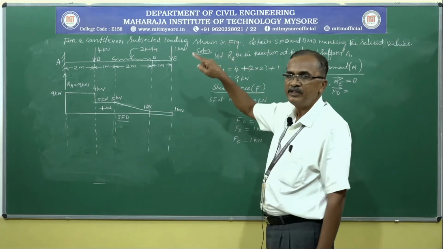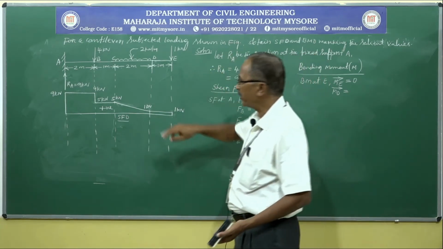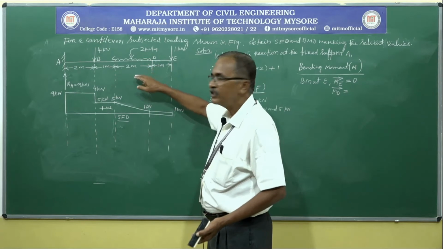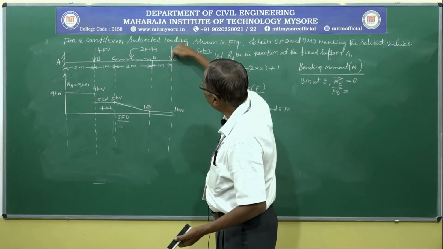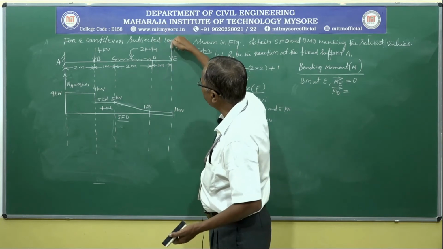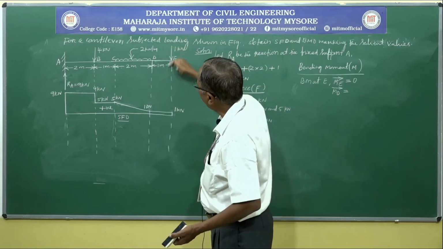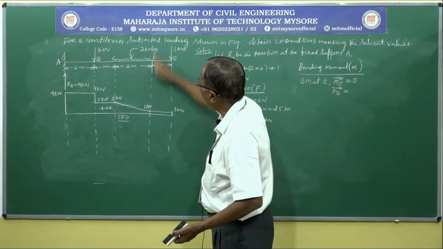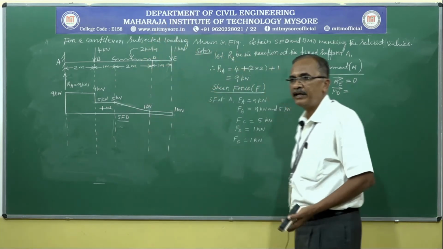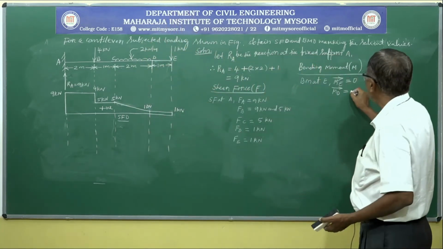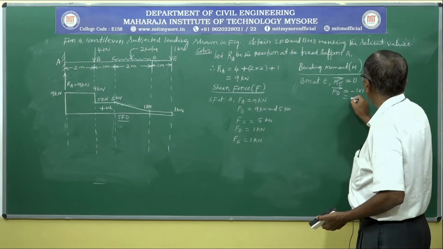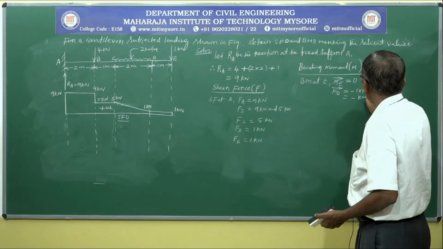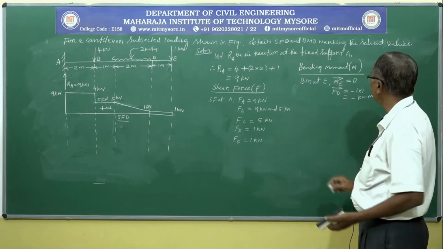Here also we adopt the same sign convention with better understanding because we are almost at the end of this chapter. See here, because of this applied load, it will try to bend the beam in the upward direction. See here, this moment will act like this, clockwise moment will try to bend the beam in the upward direction. Hogging is negative. Minus 1 into 1 that is equal to minus 1 kilonewton meter.